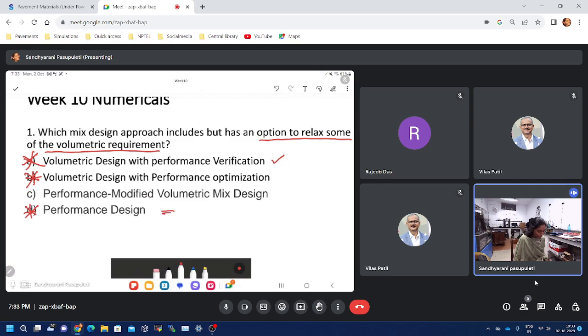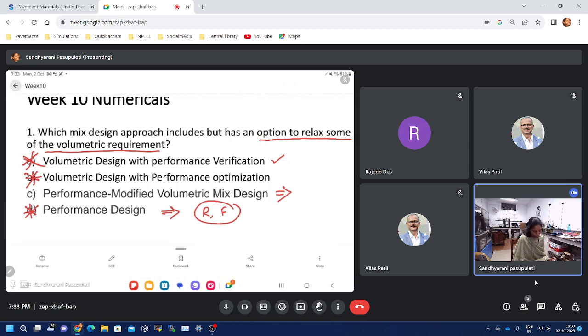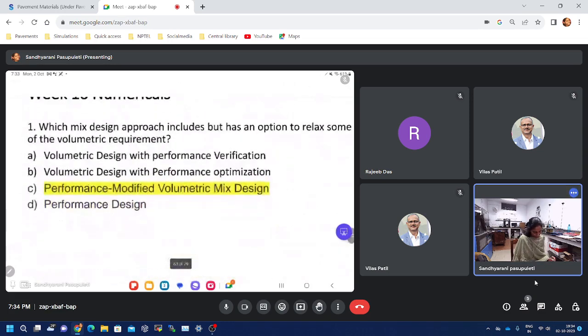It depends completely on performance distress criteria based upon the rutting and fatigue distresses. So if you see approach C, there is a possibility to relax or eliminate the volumetric requirements if they are able to satisfy the performance related requirements. So option C is the correct option.